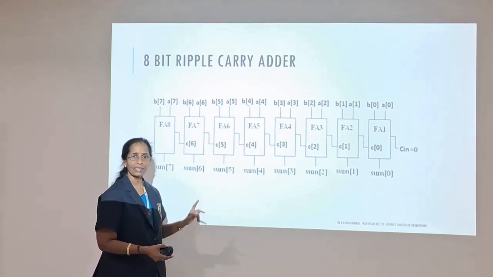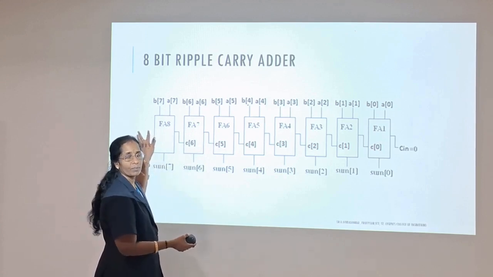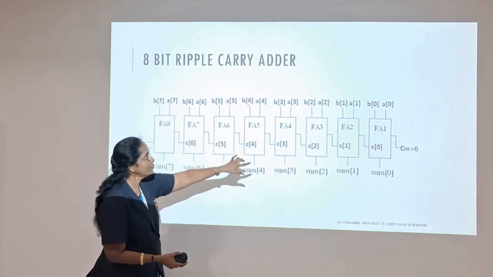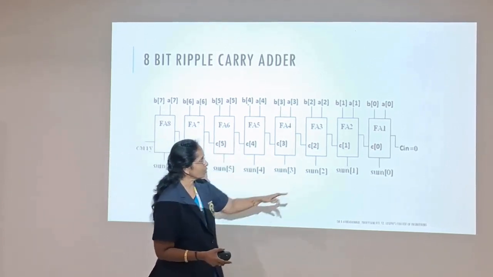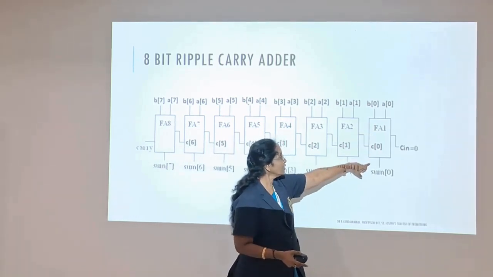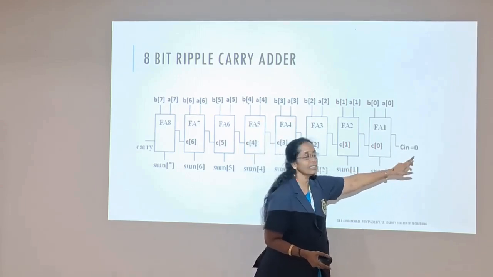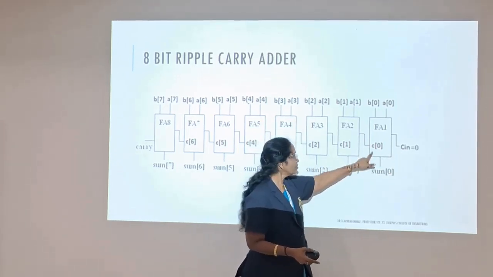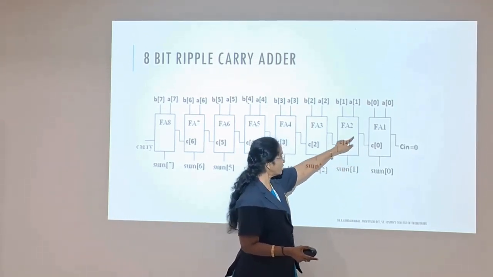And then the carry, which is finally generated from the most significant bit. The intermediate carries are added in the next stage. While adding the lower 2 bits, there will not be any carry, therefore the C is taken as 0. It generates one carry, which I name C of 0, and that is forwarded here.